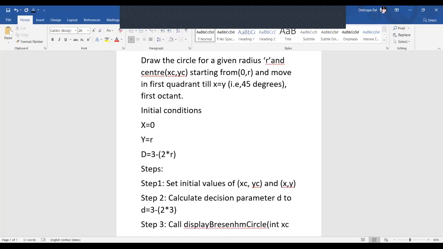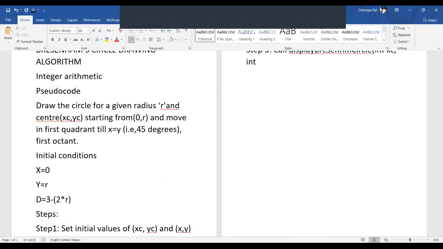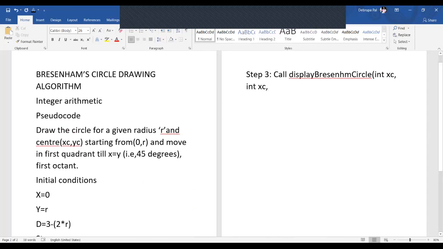As I have earlier said, it takes into consideration the integer value only. There is no float, so we have written integer xc and integer yc.